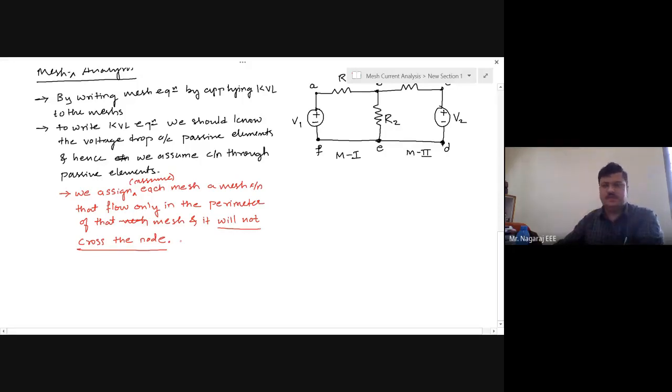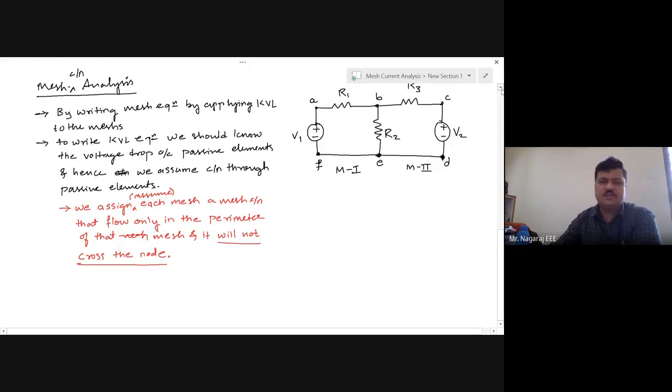So what this means is, mesh current is a fictitious current.